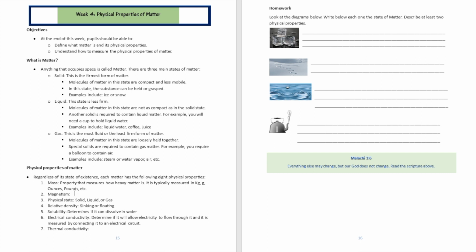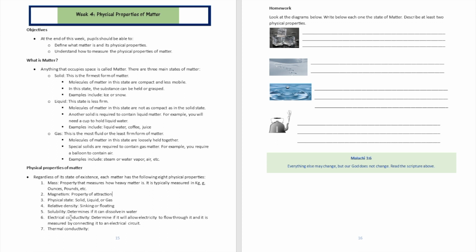What about magnetism? So magnetism is the property of matter, the property of attraction. So some objects are going to be magnetic.